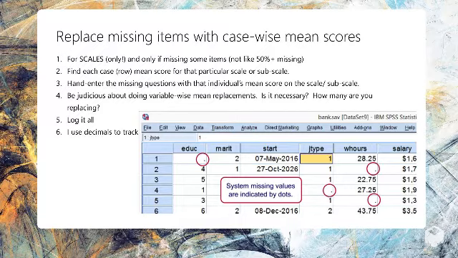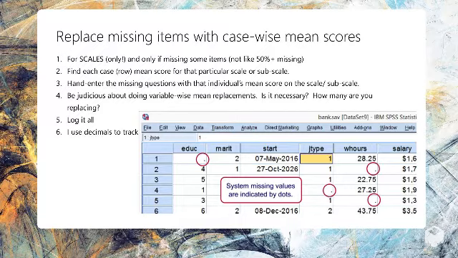But if they have a scale or a subscale, you'll want to find that person's mean score for the 9 questions out of 10 that they did answer. Maybe they have a mean score of 3.45. Great. Take the missing one, type in 3.45, hand enter that, and replace the missing with 3.45. You can see then you don't actually change their score. You keep it the same as the questions that they actually did answer.